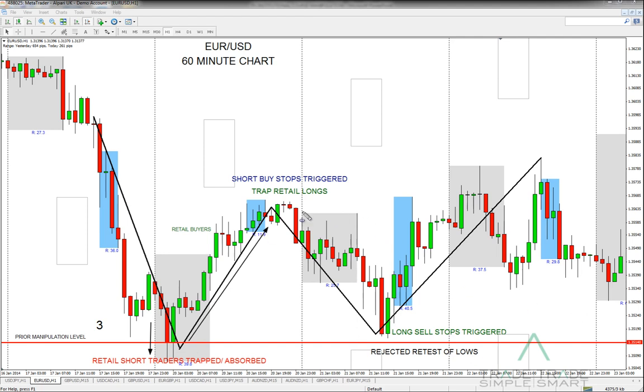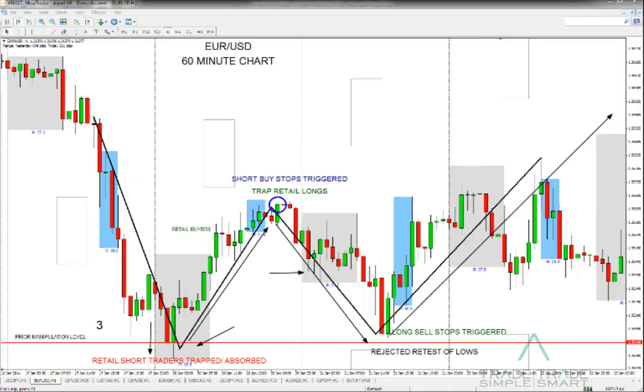We get buyers come into the market and place sell stops during the mid and also the end of the range. Smart money again see this build up, and with the second leg they move down, hit the stops of these buy orders, and then move the market to the upside.